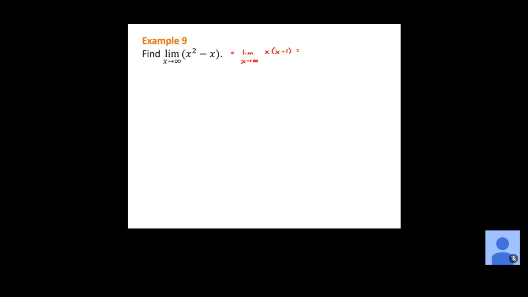Now we can think about the limit of each one of those factors individually and think about what would then happen if I were to multiply them together. Well, what would our limit as x approaches infinity of x give us?